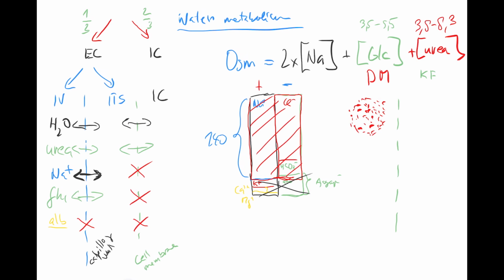Glucose is not able to pass the cell membrane easily and fast. That's why the osmolarity will be increased over here. Yep. And if this is extracellular space and this is intracellular, the hyperglycemia is going to suck the water out of the cells and they will shrink.